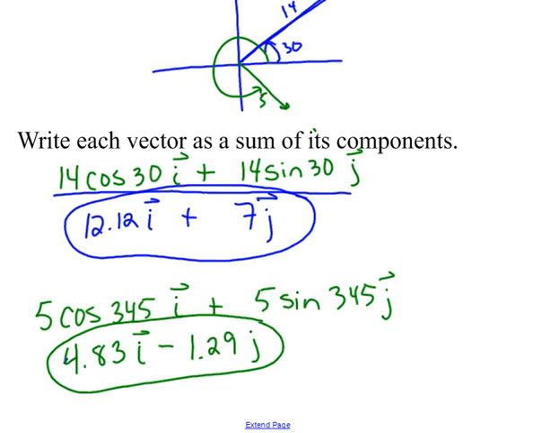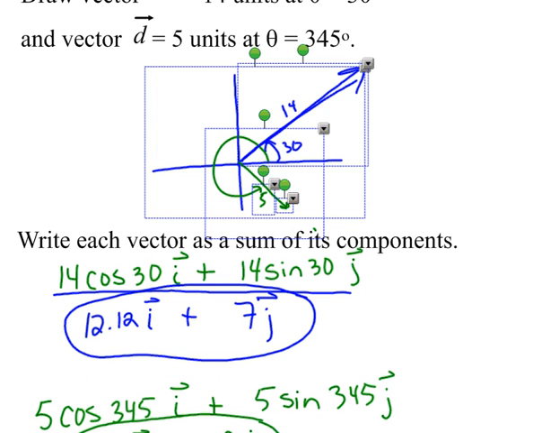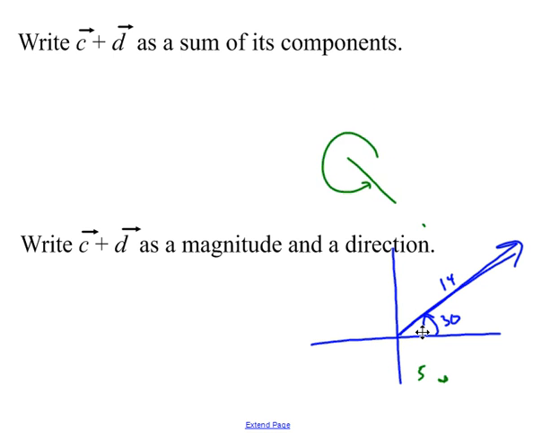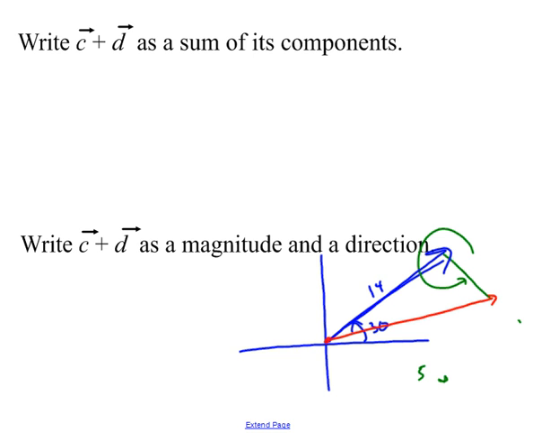Next question wants us to take these two vectors and add them together. Okay, so if I were to do that, just take this picture with me. Okay, we're going to leave that there. So if I want to find that, I can take this and move it up here. Let's move this over. And then my resultant vector is going to be that angle right here.